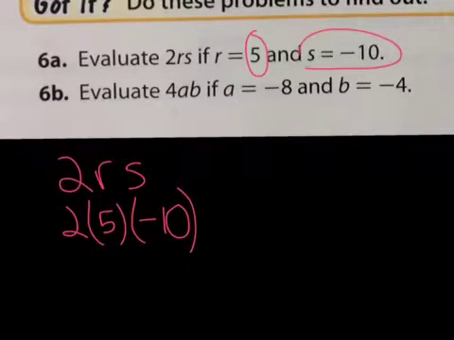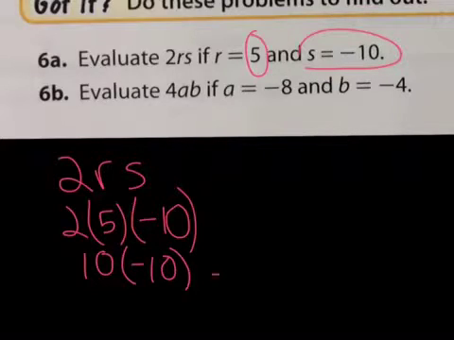I can already tell that my first product is positive because I'm multiplying a positive times a positive, and that's going to give me my positive 10. But now I'm multiplying a positive times a negative, which means they have different signs. So it's going to be negative 100.